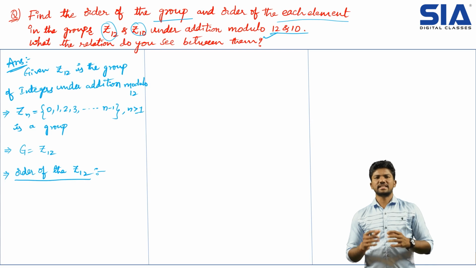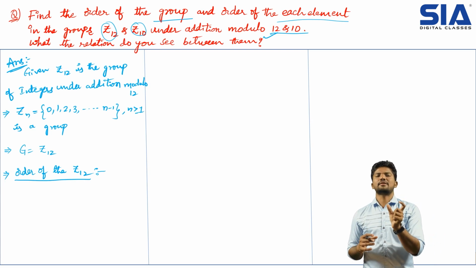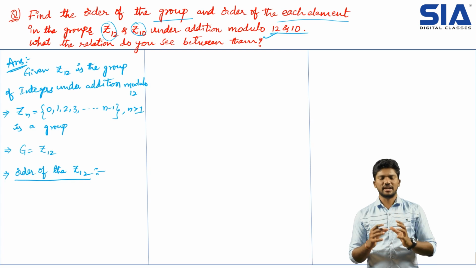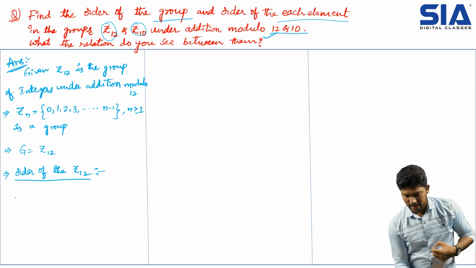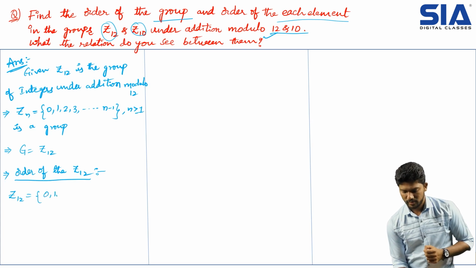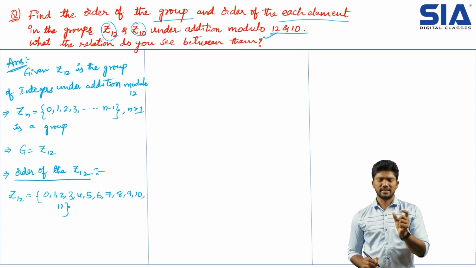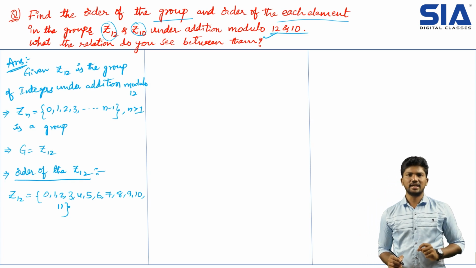As we discussed in the introduction classes, the order of the group is nothing but the total number of elements. Now I am writing the elements in this set: Z12 equals 0, 1, 2, 3, 4, 5, 6, 7, 8, 9, 10, 11. N minus 1, that is 12 minus 1, equal to 11, is the last element.